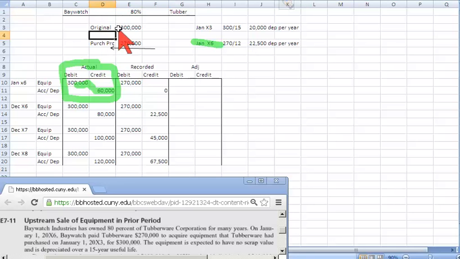So, the book value on January '06 is $240,000, which gives us a gain of $30,000 divided by 12 years that we have remaining on that purchase date, which gives us $2,500 of extra depreciation.